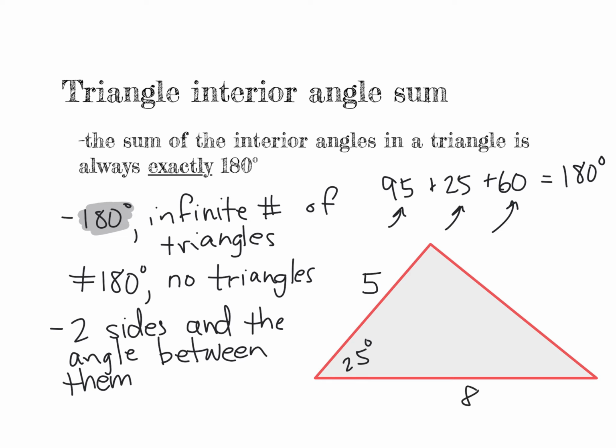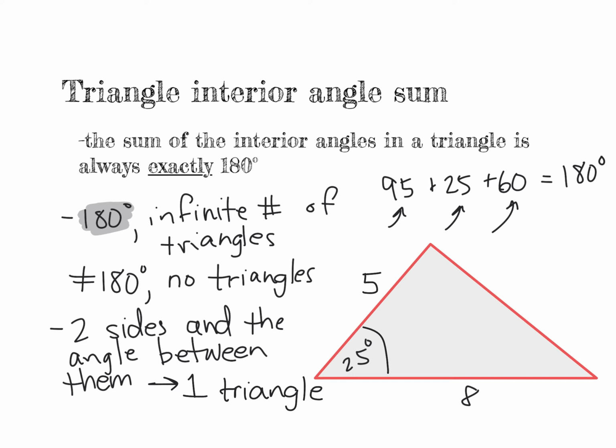And the angle between them, which you'll see here, is labeled as 25 degrees. In this situation, they're describing a scenario in which you can only end up with one unique triangle. So if they give you that kind of description, just be careful of understanding that they are describing one specific triangle and not just a generic one for you.